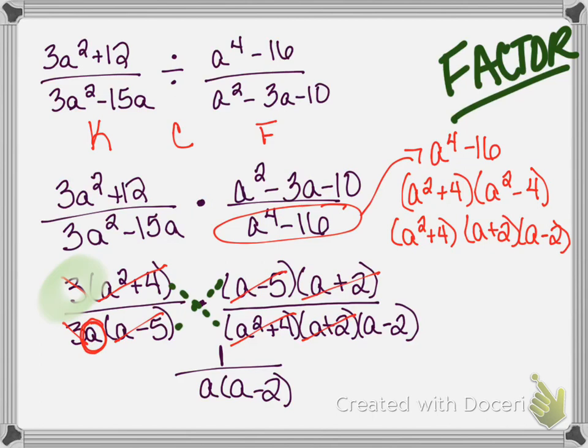How many times? 1. That's where the 1 comes from. And that's what I'm saying on every one of these. I am dividing a squared plus 4 by a squared plus 4. When I divide something by itself, what do I get? 1. Okay? So this is my final answer.